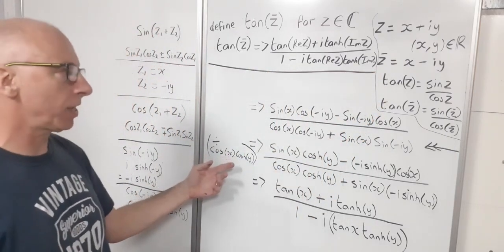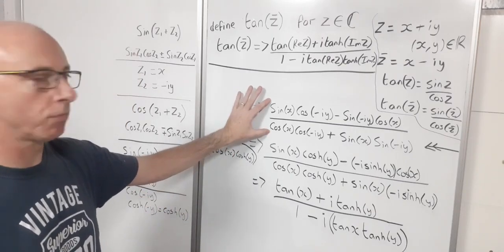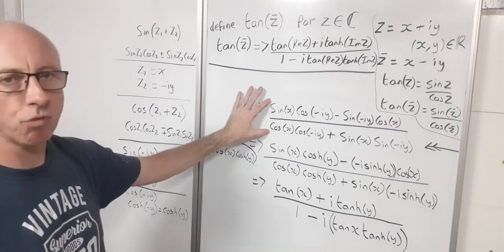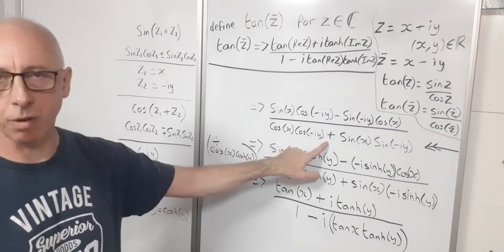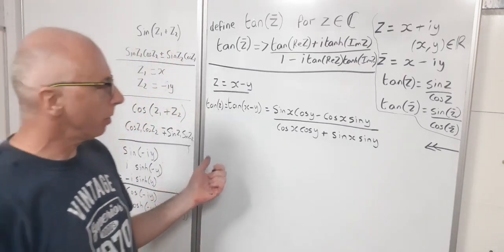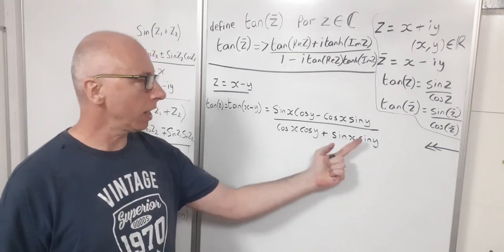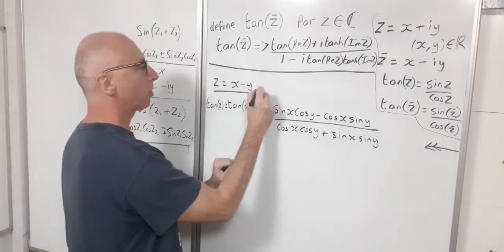Okay, right. Now, I think that is a nice way of looking at the complex conjugate of the tangent function. Now, I said at the beginning I would use this to find the sum rule for the tangent function in real analysis. So let me take this off the board and then we'll go with that from this stage here. Okay, so I've now transferred this into real analysis. So now z equals x minus y.